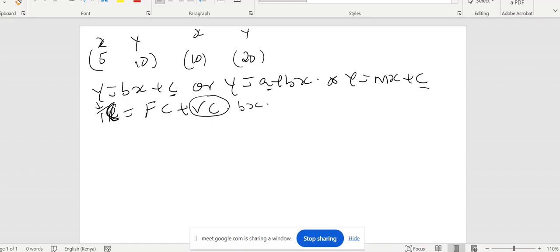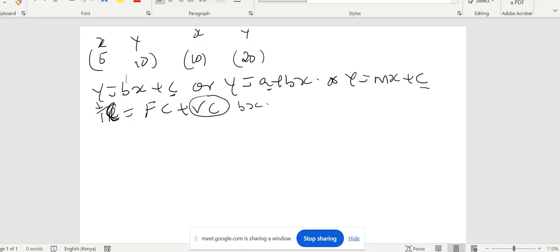Prediction of a total cost depends on variable cost and fixed cost. You can use the same method to come up with the two equations and solve them simultaneously. Are we together?